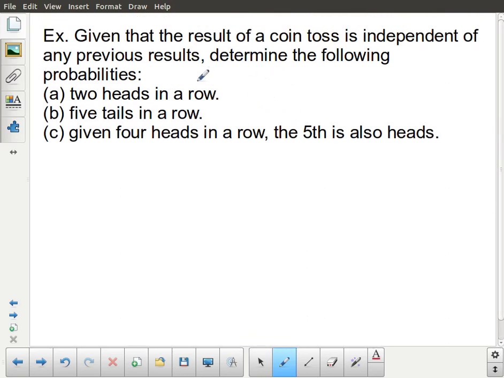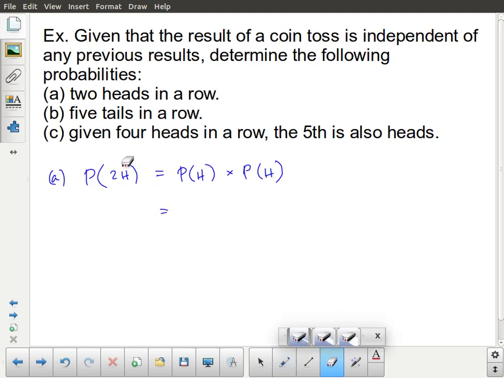Okay, how about another set of independent events? Once again, we're looking at coin flips. You might try this one on your own. What is the probability of getting 2 heads in a row? The probability of getting 2 heads is equal to the probability of getting heads times the probability of getting heads. Let me write this a slightly different way.